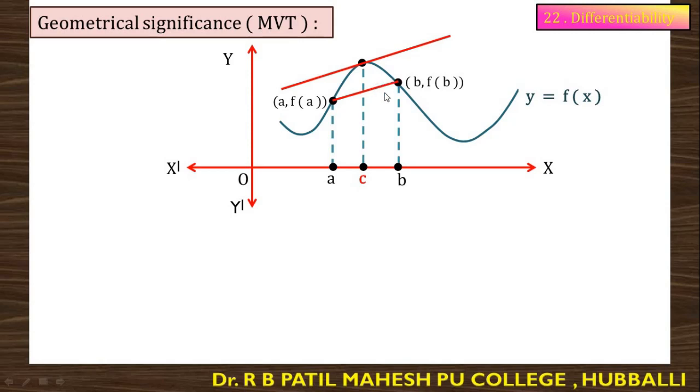So geometrically it means f dash of c is equal to f of b minus f of a divided by b minus a. There exists a point c in between a and b such that the slope of the tangent at that point is always equal to the slope of the secant between the points a comma f of a and b comma f of b. That is the geometrical meaning.